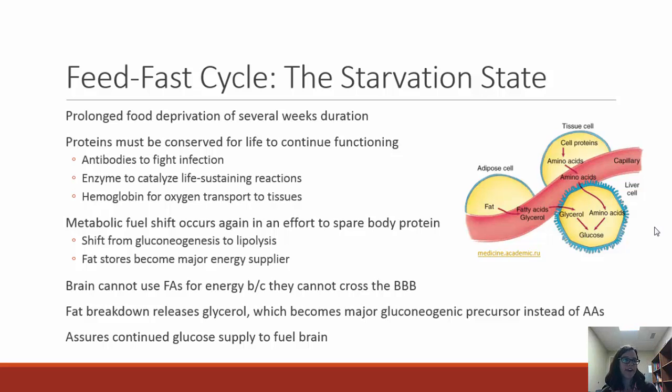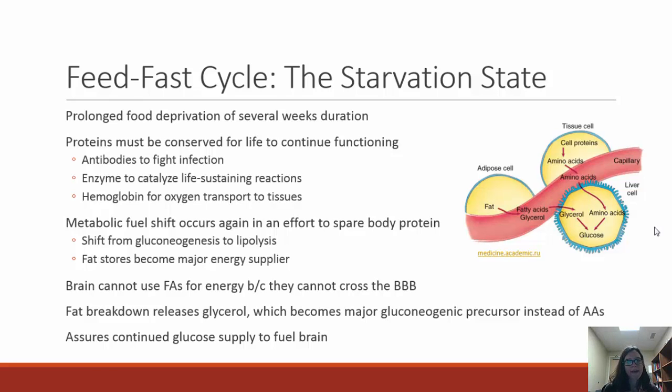During our early fasting state, we had a lot of gluconeogenesis from our amino acids. But as we progress to our starvation state, we're going to shift from gluconeogenesis to lipolysis, and our fat stores are going to become our major supplier of energy. The brain can't use fatty acids for energy because they can't cross the blood-brain barrier.